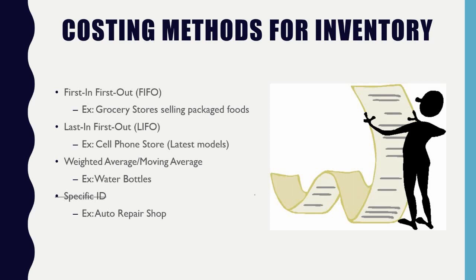That is going to be the criteria for specific ID. Based on the car manufacturer, the model, the year, and the actual part, it's going to have a specific serial number or a specific manufacturing part number on it. Because this is a very specific item, you must calculate it in your inventory.